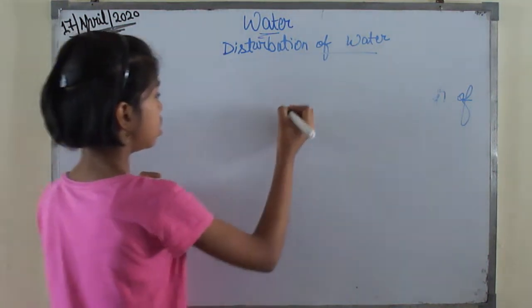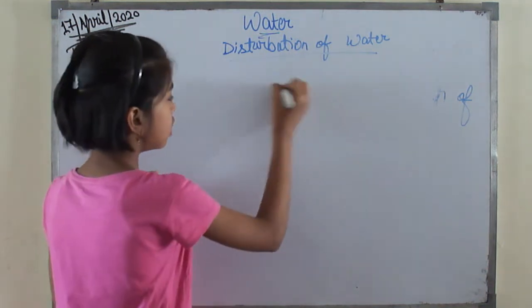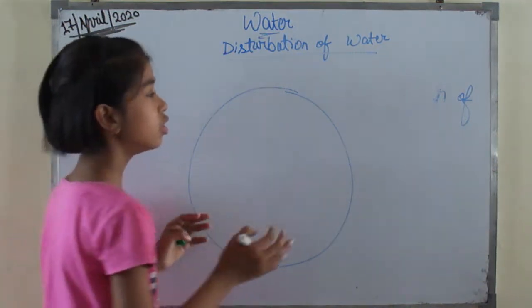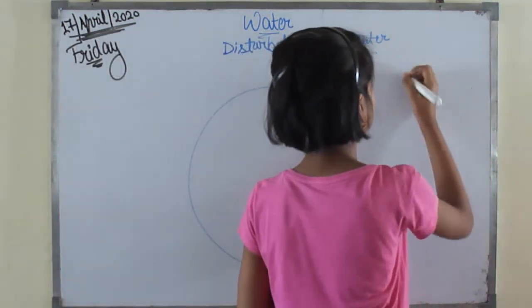You know that our earth is made up of 3/4 of water.